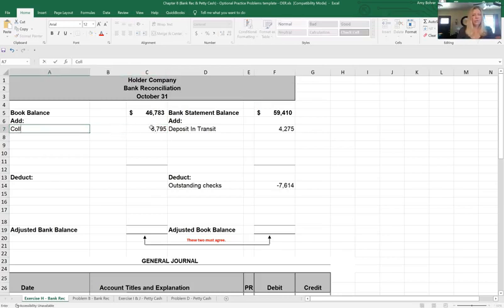I'm going to put the description as something like collection of note. I'm also going to put how much the note was for and how much the interest was, because once we're finished doing the bank reconciliation, anything on this book side, we're going to have to do an adjusting journal entry. So I need to know how much should go against notes receivable, and how much should be credited as interest revenue. Okay.